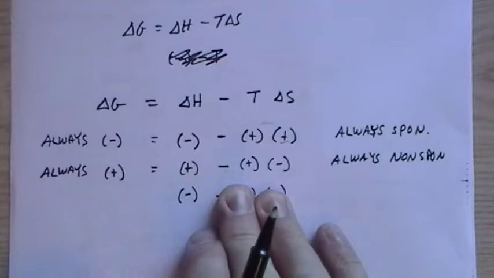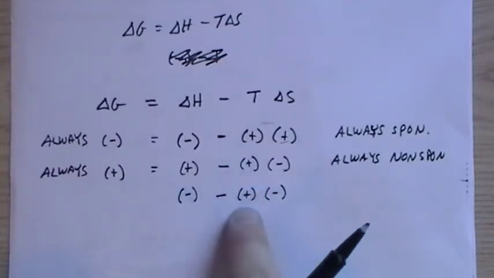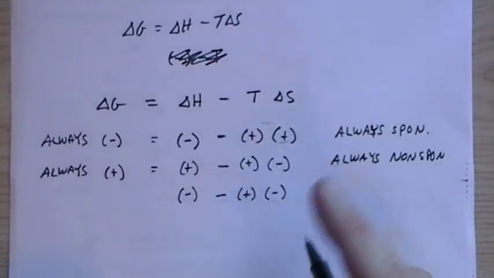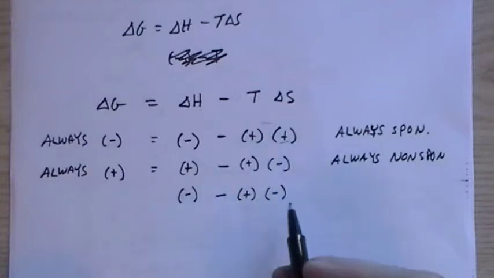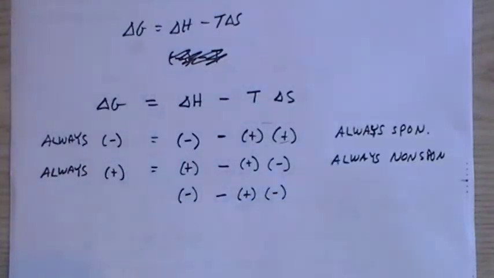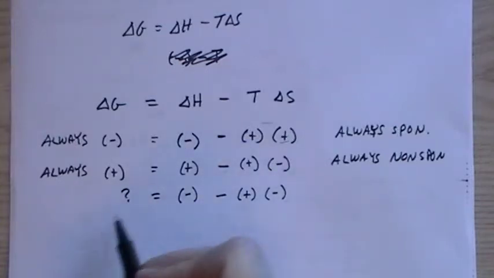Delta G would be negative. But since this whole term here is positive, and it depends on temperature, as the temperature gets larger, this term gets to be a larger and larger positive value until eventually it becomes non-spontaneous. So this one, we can't say that it's one or the other independent of T.